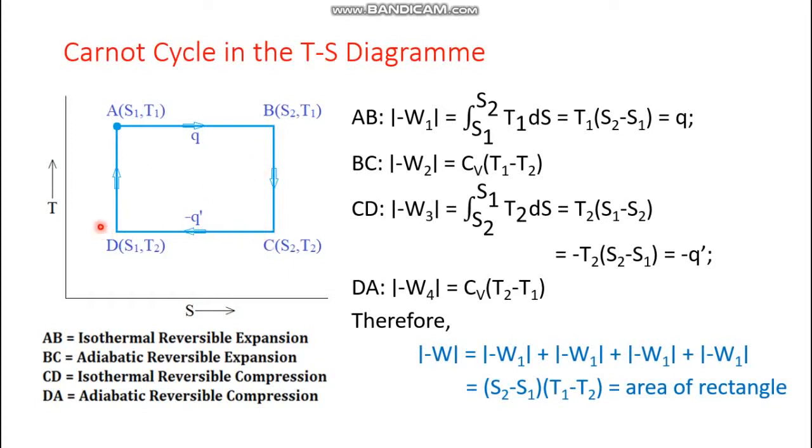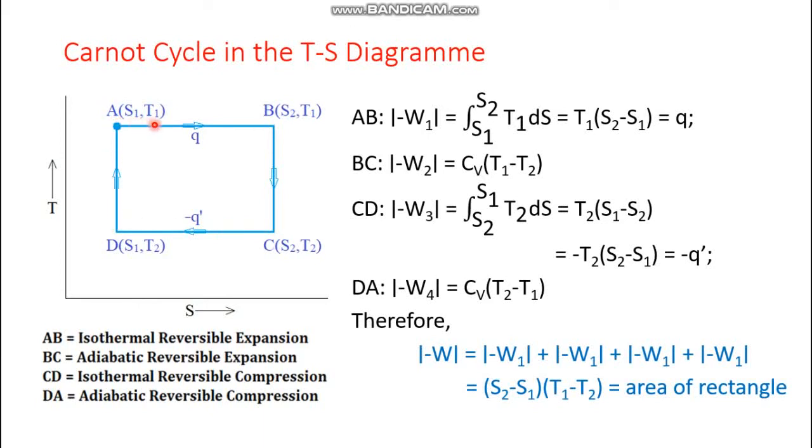Now the reversed directions: this is isothermal compression and this is adiabatic compression. Isothermal compression goes along the x-axis from right to left, and adiabatic compression goes along the y-axis from bottom to top, to the initial position A. So temperature here remains the same, drops, then remains the same, then increases.